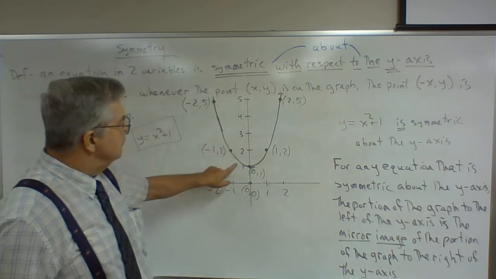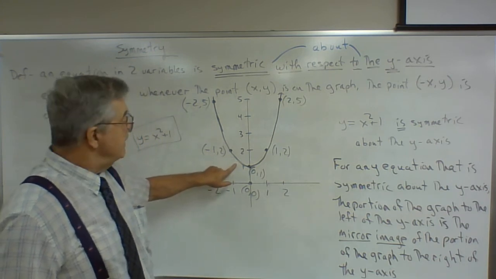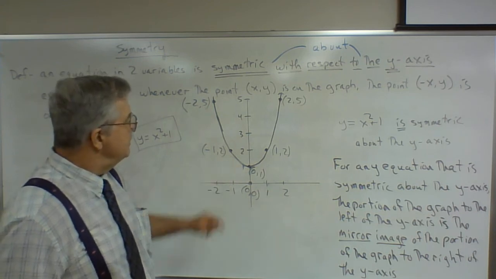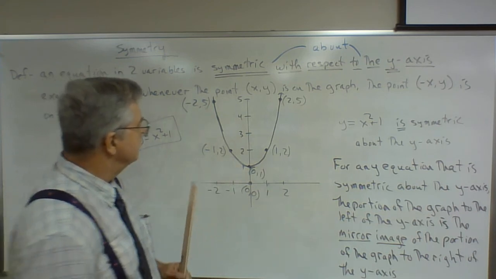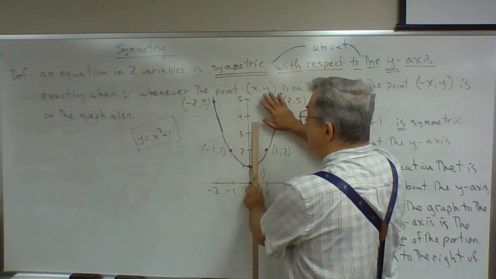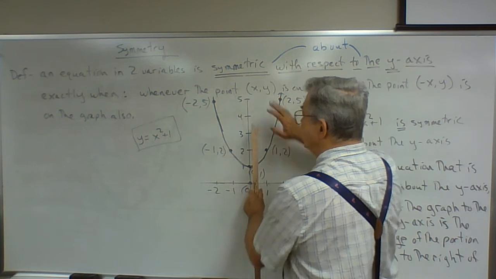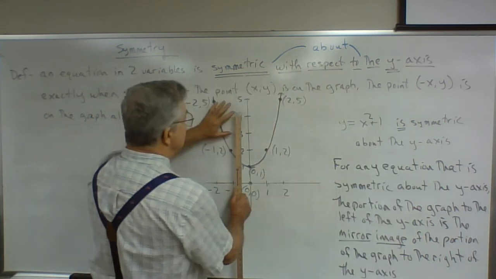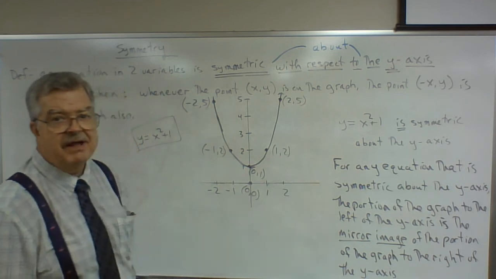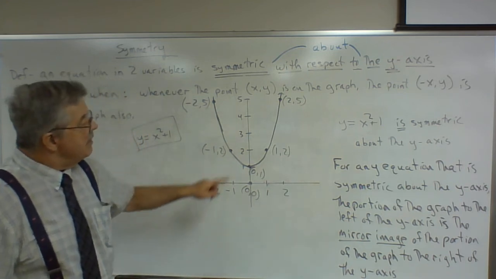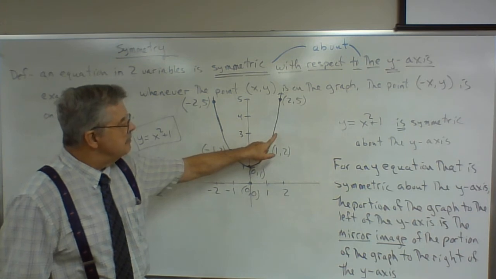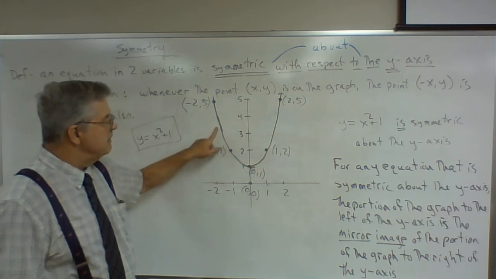Look at this graph. This graph is symmetric about the y-axis. And notice something. The part of the graph that lies to the left of the y-axis is the mirror image of the part of the graph that lies to the right of the y-axis. This part of the graph is the mirror image of this part.